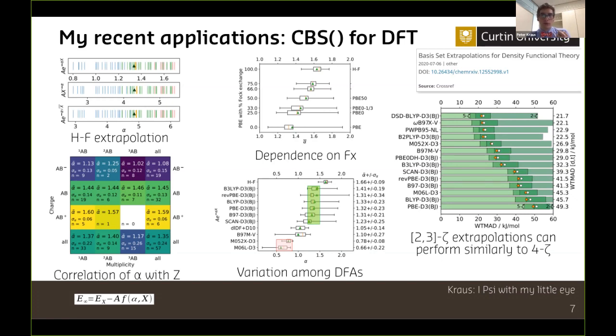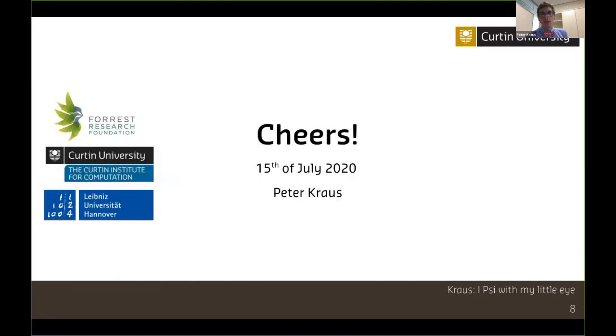So for the basis sets that we would like to use for example, non-covalent interactions, which are diffusely augmented, the extrapolation performs actually extremely well, and we can get results there of quadruple zeta quality at the cost of double and triple zeta. That is everything I wanted to talk to you about today.